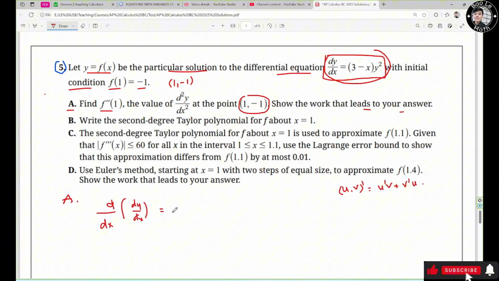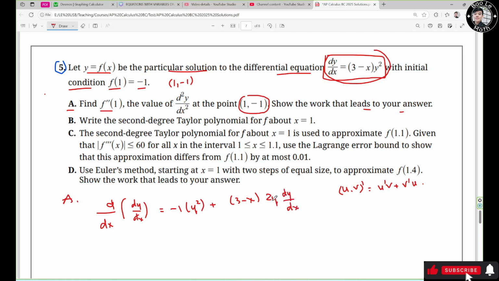So it's going to be the derivative of 3 minus s, which is -1, times y squared, plus (3 minus s) times 2y dy/ds.